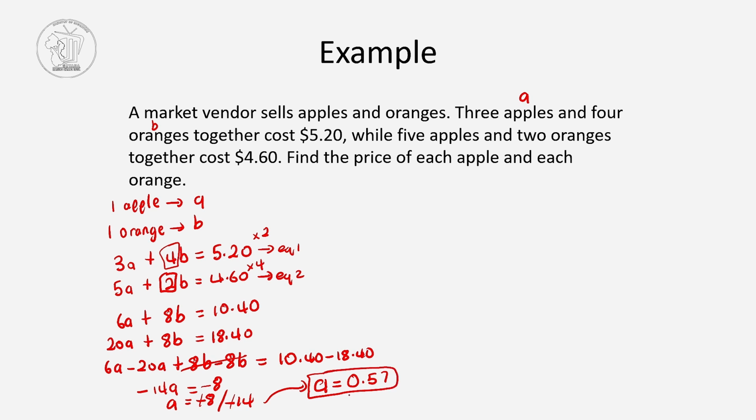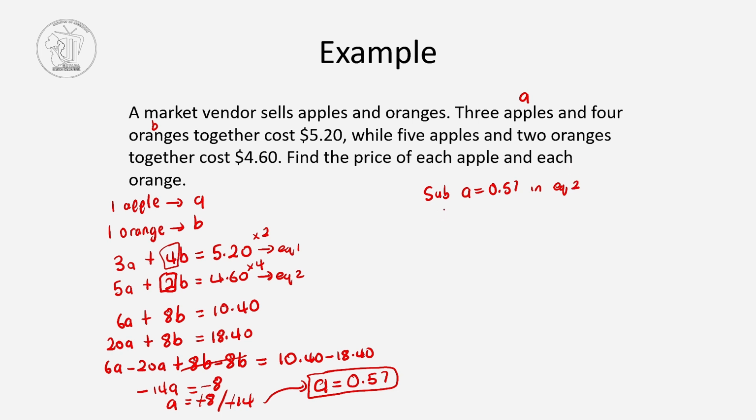That's our apple. And now since we have A, we need to find B. So we substitute A equals 0.57 in either equation 1 or 2, it doesn't matter. So let's use equation 2 for a change.